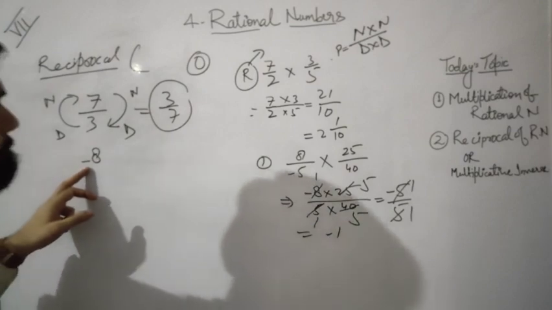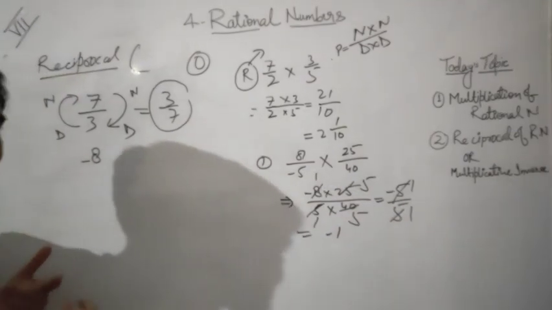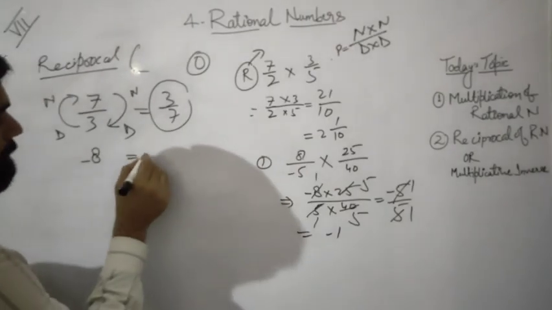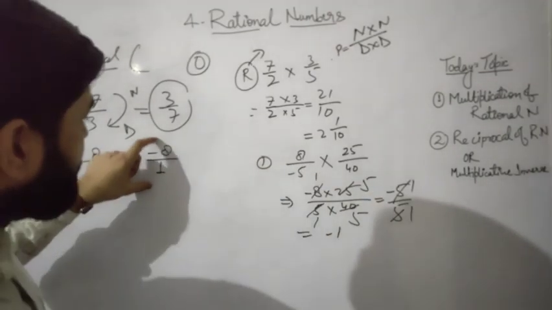Another example, like -8. The question is saying write the reciprocal of -8. So how can we write the reciprocal of -8? Keep in mind, there is no reciprocal of 0, because 0 is neither positive nor negative. So firstly, -8 we can write as a fraction, a rational number form.